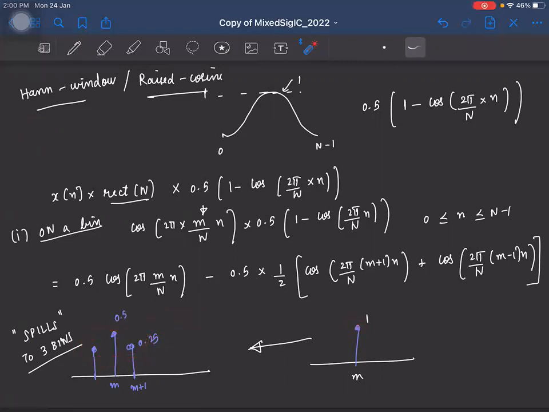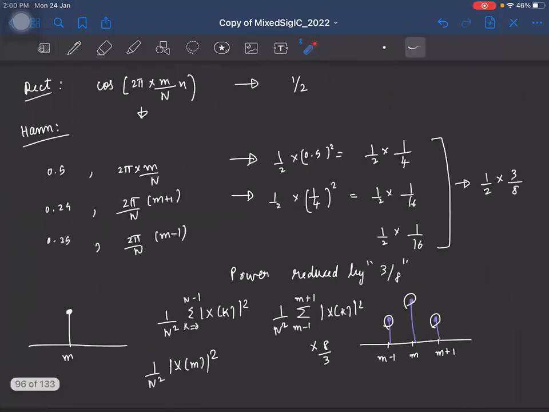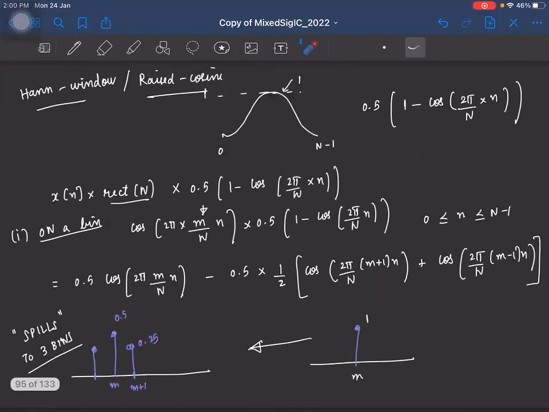Also, since the samples near the edges are weighted less, we can expect that the total power in the signal after we apply windowing will be reduced. For the Hann window case, we saw that this factor was 3 by 8. But of course, when you try to find the signal to quantization noise ratio, this might not cause an issue, because we apply the window function to the ADC output, which contains both the signal and the quantization noise.